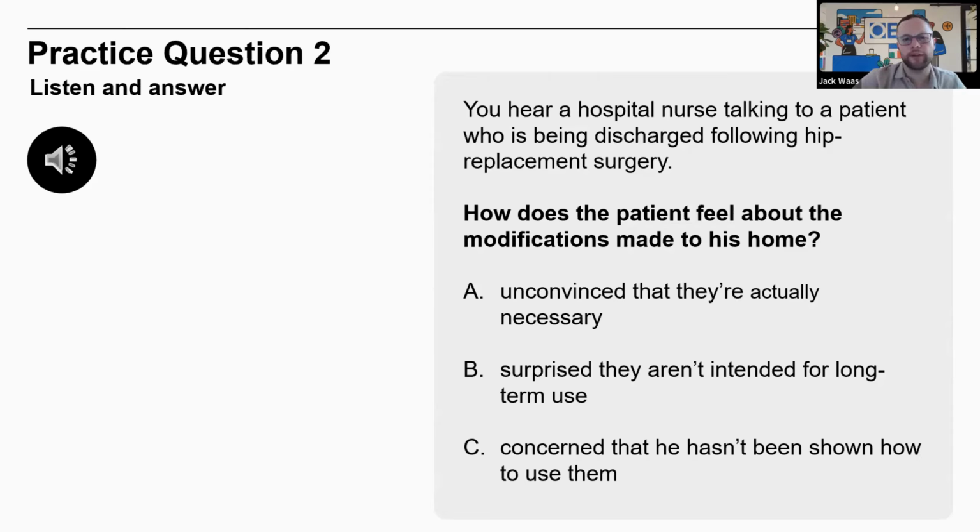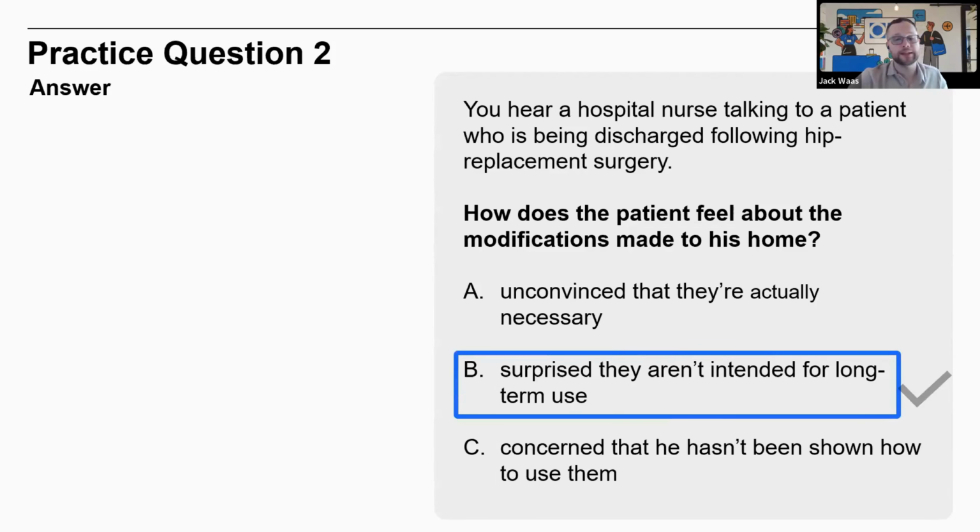I see some people writing their ideas. Okay, someone suggesting letter C. Okay. So if we look at this, talking to a patient who's being discharged following hip replacement surgery, how does the patient feel about the modifications? The answer here would actually be letter B. He's surprised that they aren't for long-term use. He thought it was just something that had to be done very temporarily, and he was surprised to find that it was for long-term use, something that he should keep doing, okay?